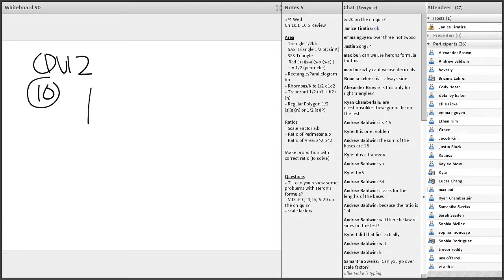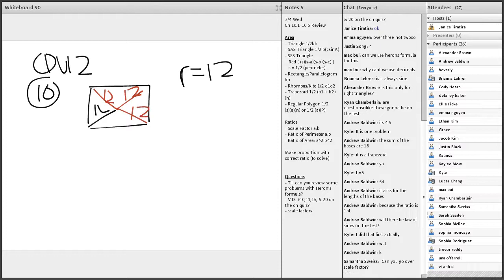So here is a square, and they were giving us the radius of 12. From here, what we need to do is find the area of the square, and I have a very quick strategy. Since it's a square, this other part is 12, this other part is 12, this other part is 12. You could do this in so many ways.